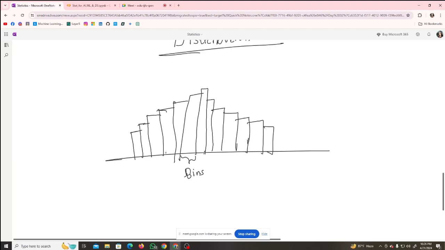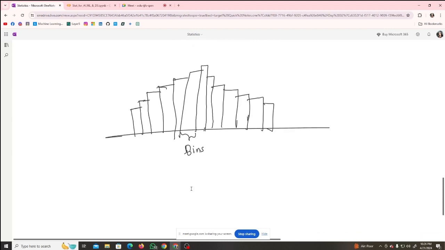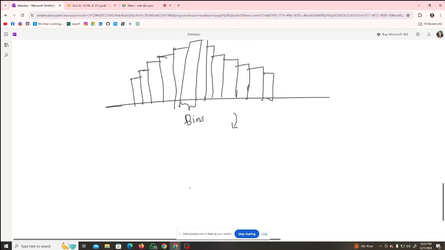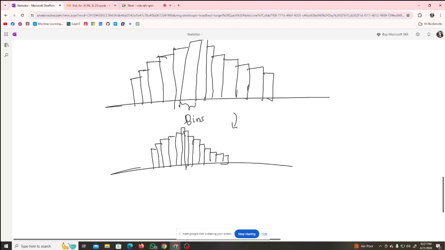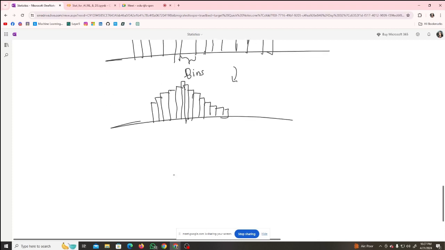Suppose now we are making the bins smaller and smaller. In the next part, we are making the bins very small, and similarly on this side, and then again we're making them even smaller. At some point, the outline of the histogram is so thin that it feels like a smooth line.